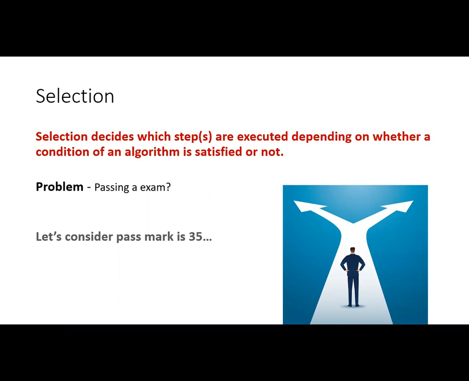When we want to make a decision, we use selection. Here we test a condition, and if the condition is true, we make one decision, and if it is not satisfied, we make another decision instead.